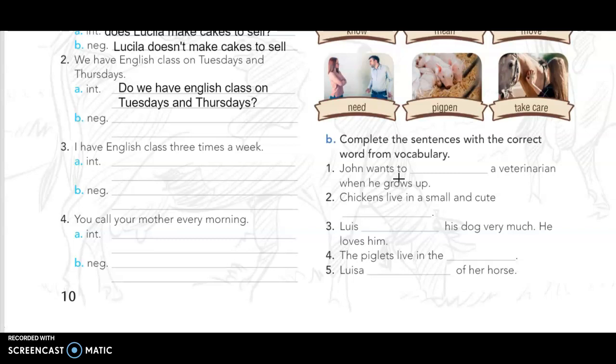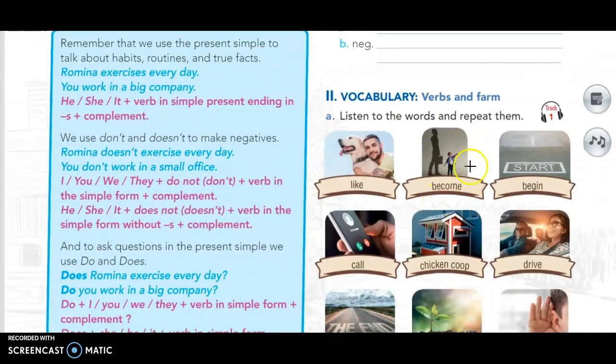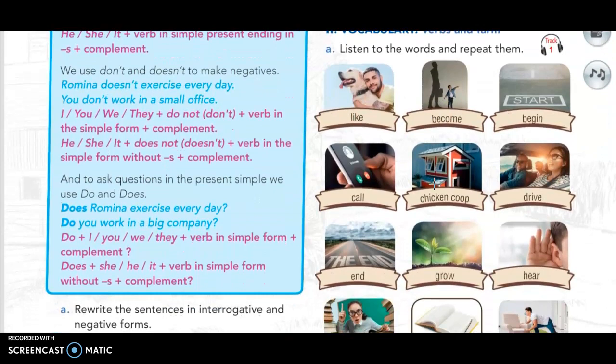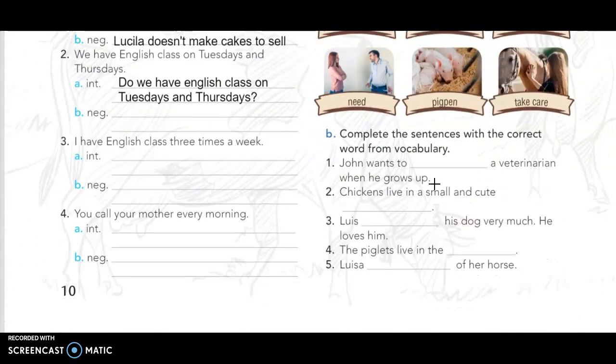John quiere. Ok, y luego dice a veterinarian when he grows up. Parece que la respuesta correcta es become. ¿Ya sabes qué significa become? Significa convertirse. So John wants to become a veterinarian when he grows up.